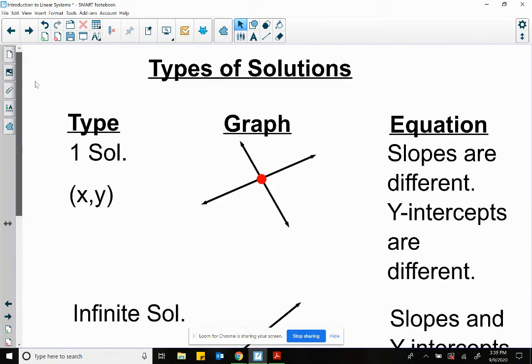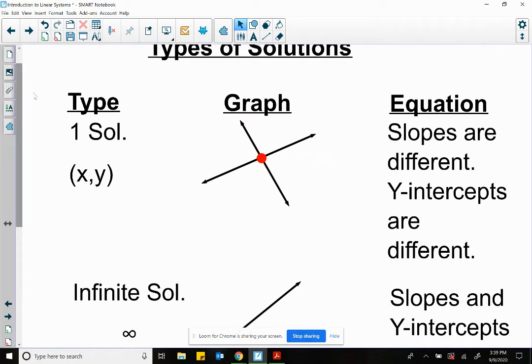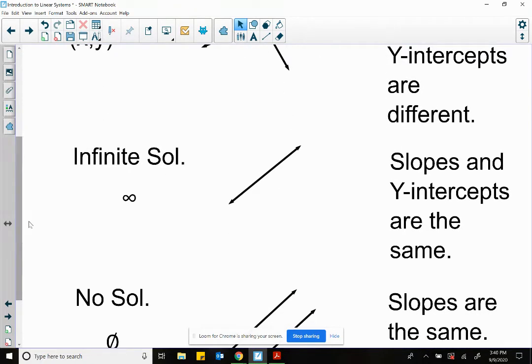There are no other types for linear systems of equations. There's either a one solution where graphically they intersect once, equation-wise, different slopes, different y-intercepts. Infinite solutions, so sideways 8, graphically they are the same line because they have the same equation, the same slopes and the same y-intercept.